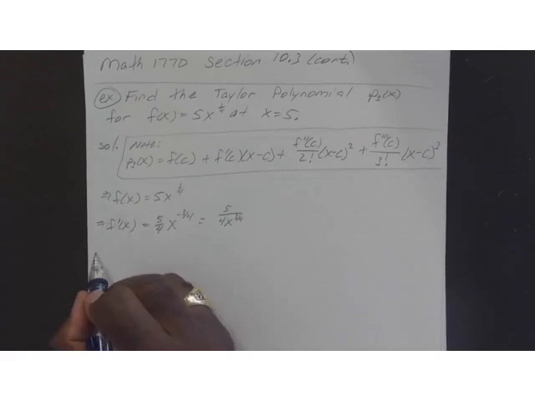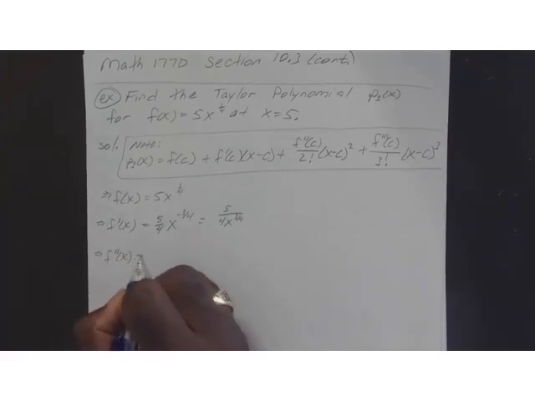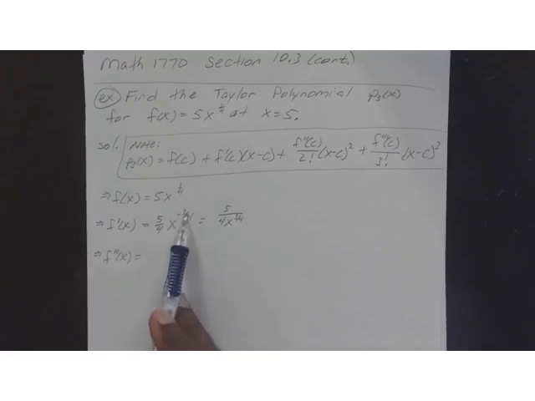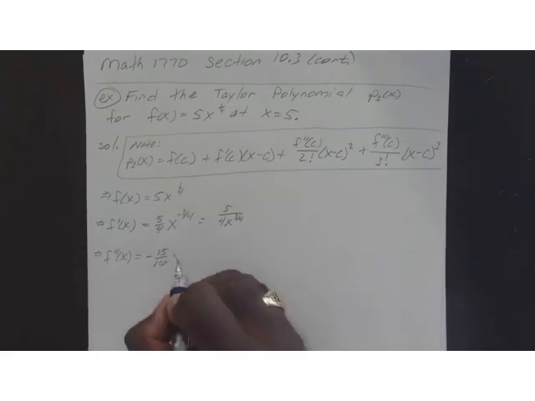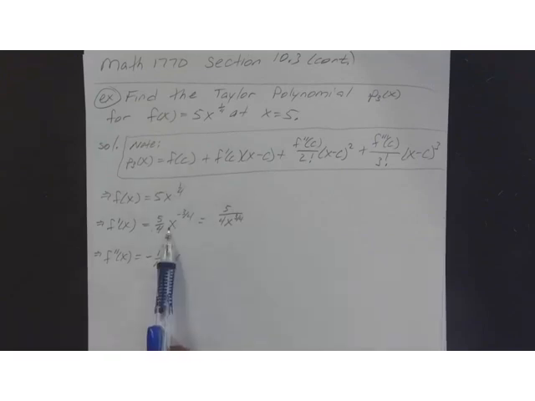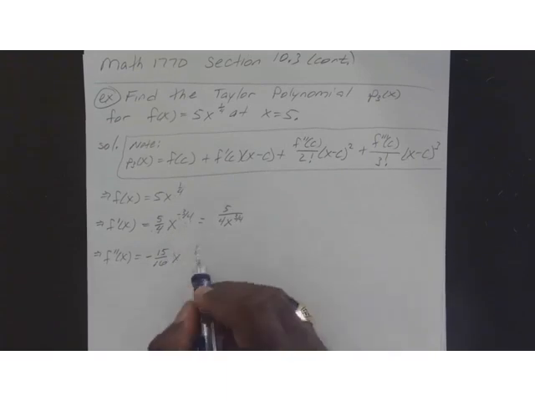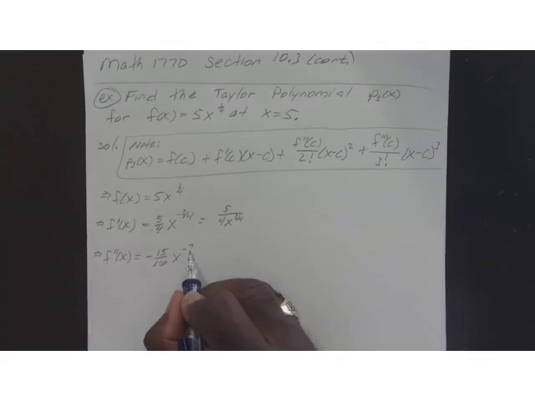Now our second derivative is we bring down the negative 3/4 and multiply that by 5 over 4. So that gives us negative 15 over 16 times x to the power of negative 3 over 4 minus 1. So negative 3 over 4 minus 4 over 4 is negative 7 over 4.